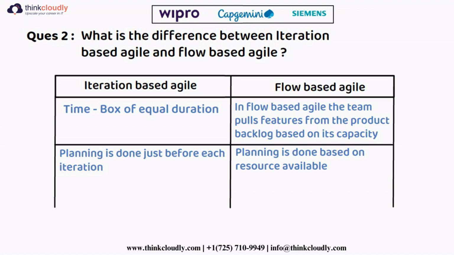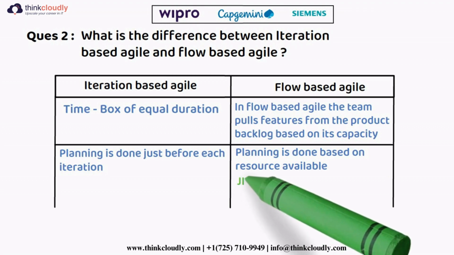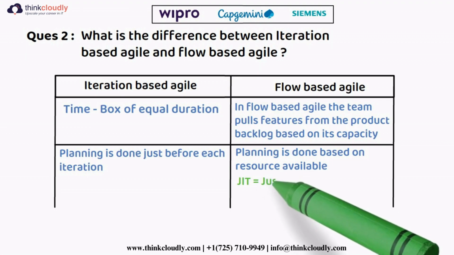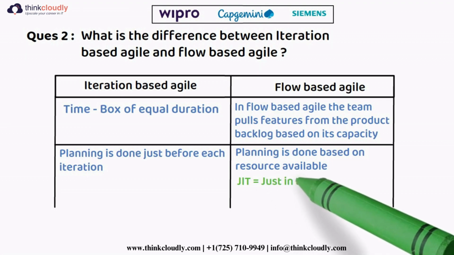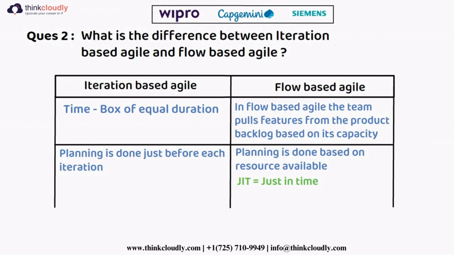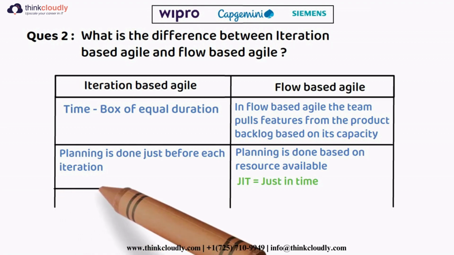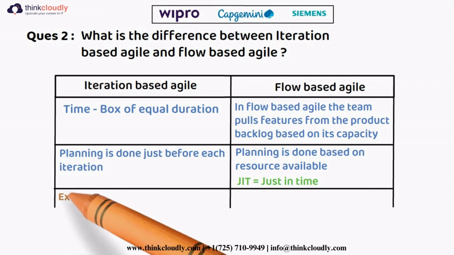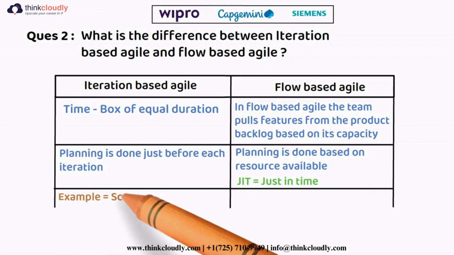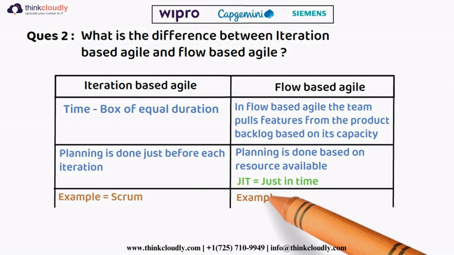If the resources are available to develop a feature, that feature is pulled from the product backlog. That is why we say just in time, JIT, planning. So this is the main difference between flow based agile and iteration based agile. In iteration based agile, the example is Scrum, and in flow based agile, the example is Kanban.